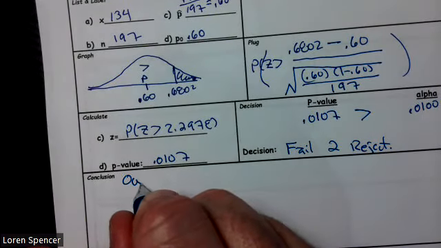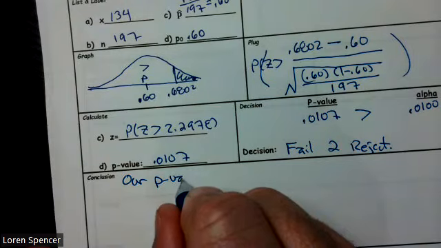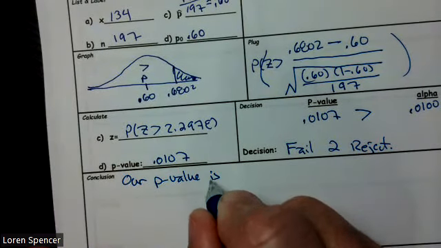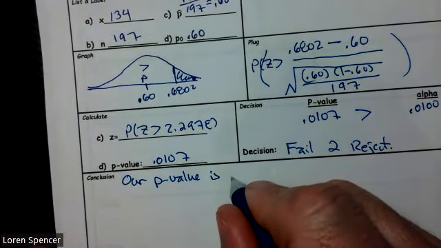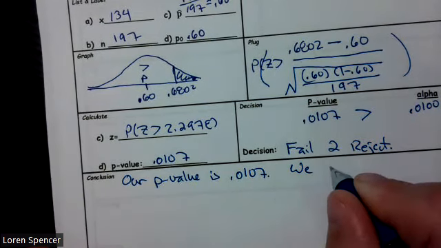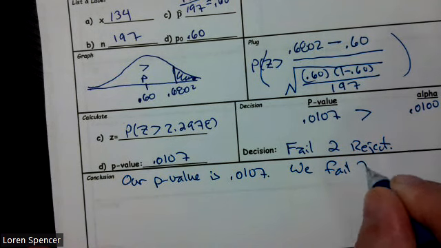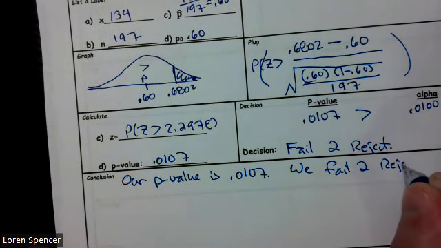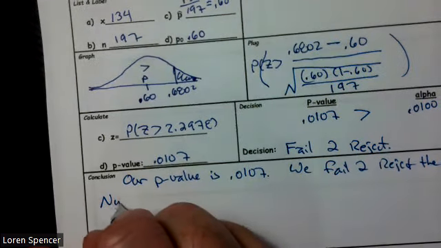So our conclusion, our p-value is 0.0107. We fail to reject the H-naught, or the null.